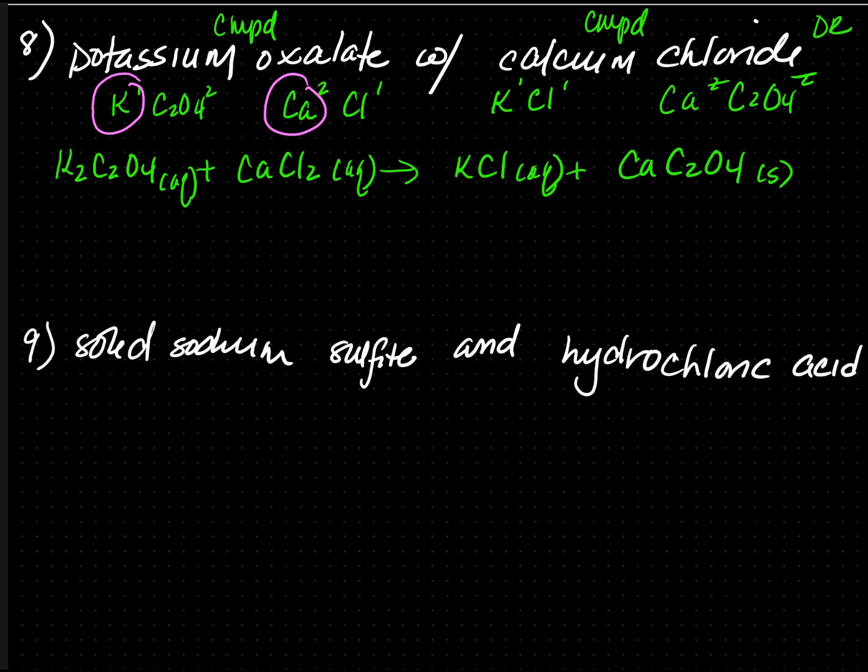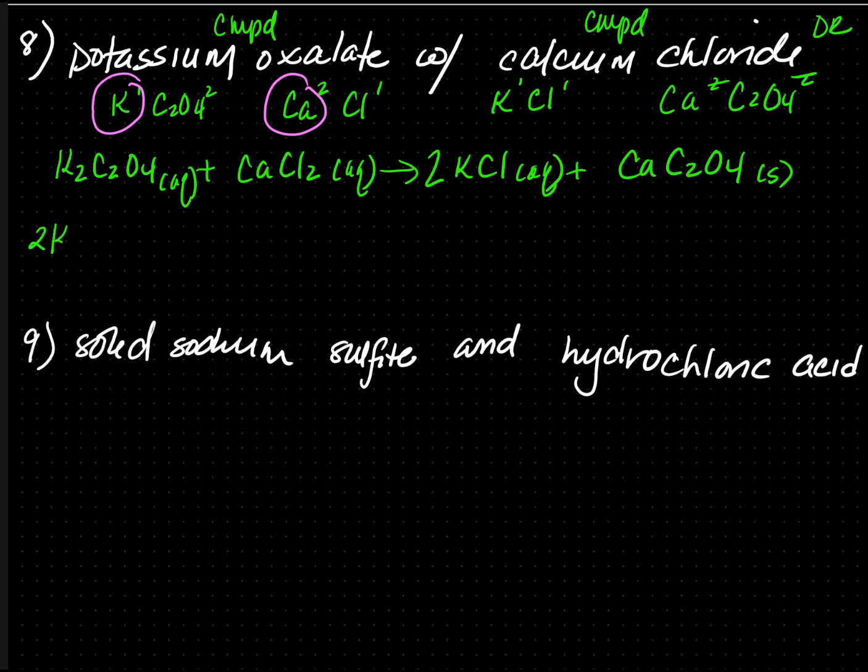Now we're going to balance. There are 2 potassiums on the left side, so I'm going to put a 2 in front of KCl. Everything else is balanced. This is the molecular equation. Now we're going to break down everything into ions that is aqueous unless it is a weak acid.